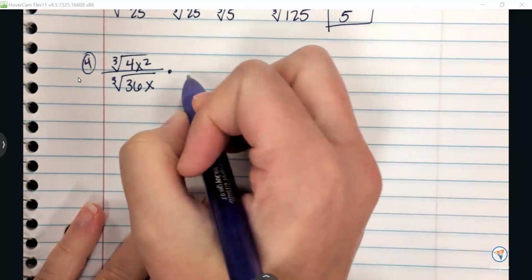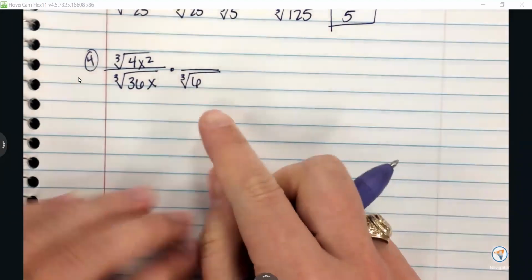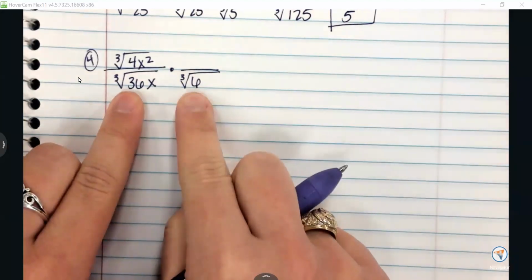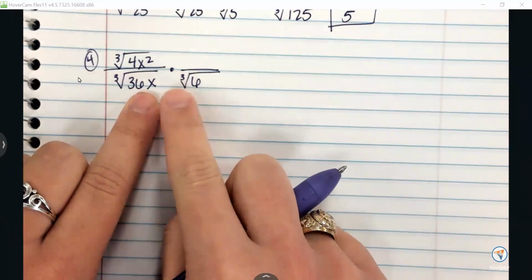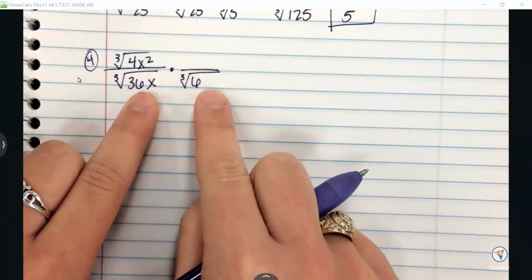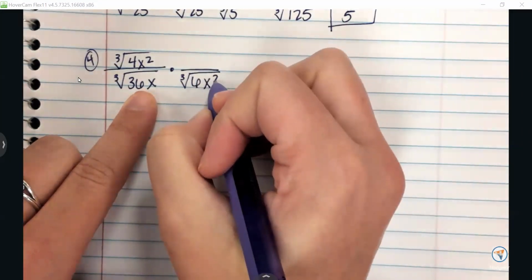Times 6. So here's where you have to be careful. Yes, 36 times 6 will give me a perfect cube, but it's not x and x, because how many x's will that give me? Squared. So what has to be inside here? X squared.